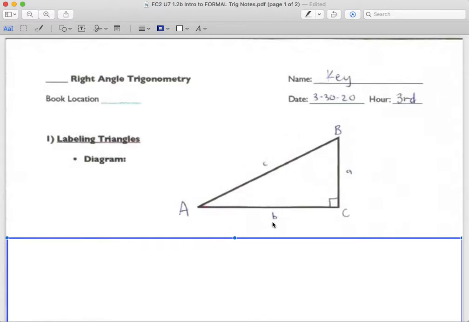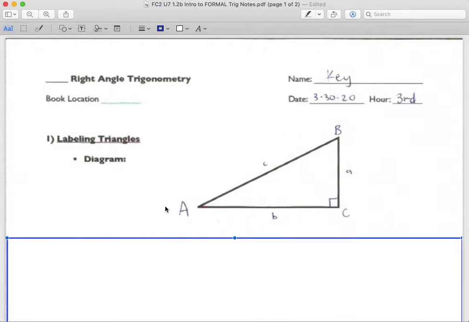To start, I wanted to go through how we label triangles. If we are given triangle capital A, capital B, capital C, how do we label the sides? We always need to think about corresponding sides, which ones match with each other.